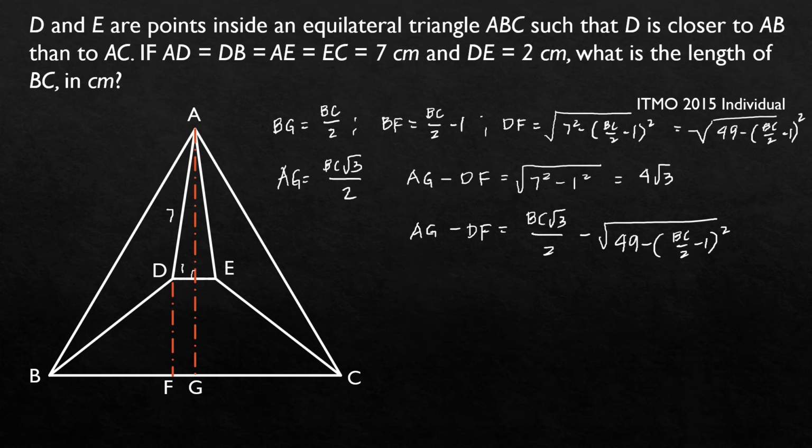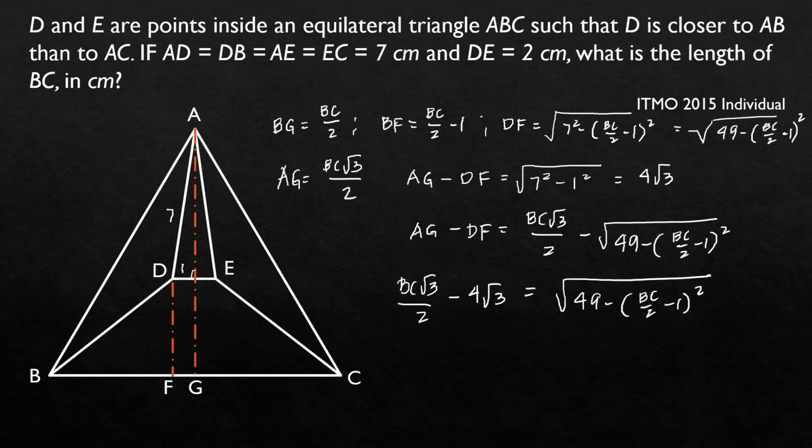Then we have BC square root of 3 over 2 minus the square root of 49 minus (BC over 2 minus 1) squared equals 4 square root of 3, or we can write BC square root of 3 over 2 minus 4 square root of 3 is equal to the square root of 49 minus (BC over 2 minus 1) squared.